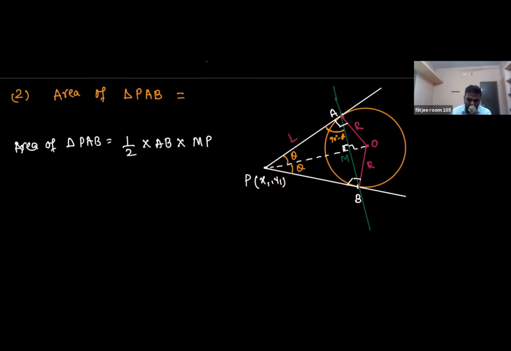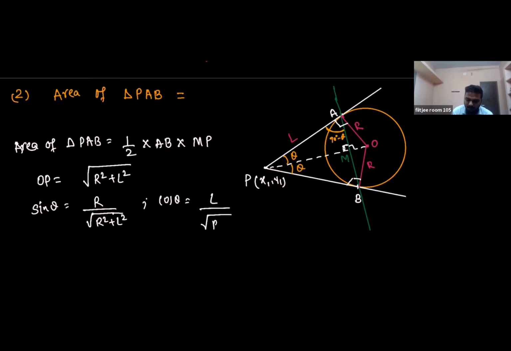If I find the area of triangle PAB, that means half into base into height. Yes, let's find it. OP value is already given as square root of R square plus L square. Sin theta value is given as R divided by square root of R square plus L square, and cos theta value is given as L divided by square root of R square plus L square.